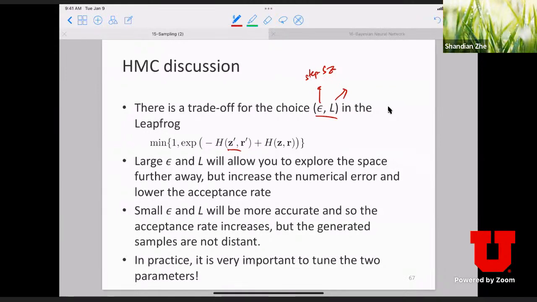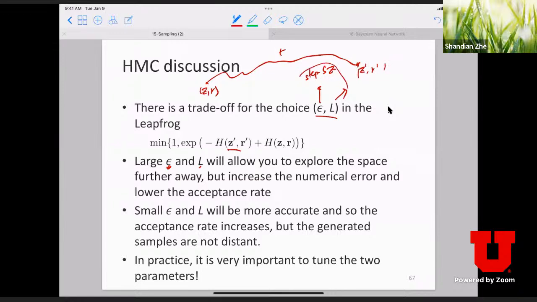So if you choose epsilon, the step size, to be large, or the number of steps to be large, the benefit is that you essentially evolve your system to a very distant place, because you evolve it for a much longer time. This is z prime, r prime.